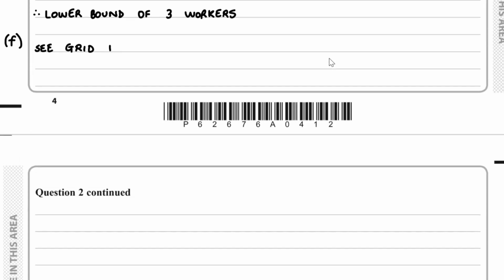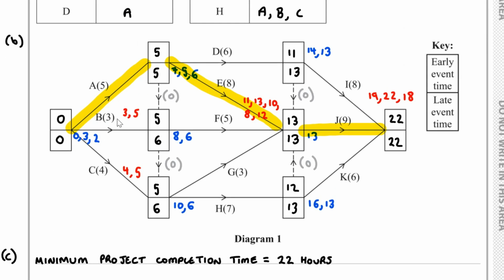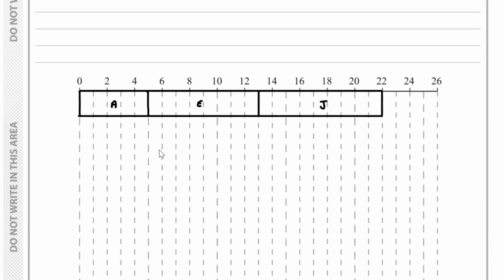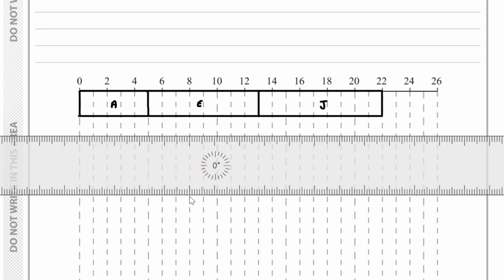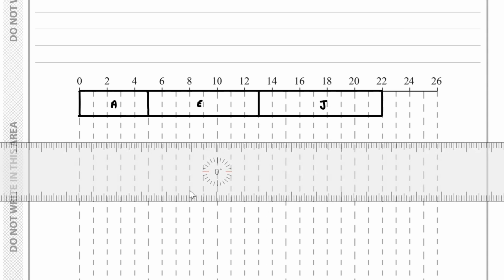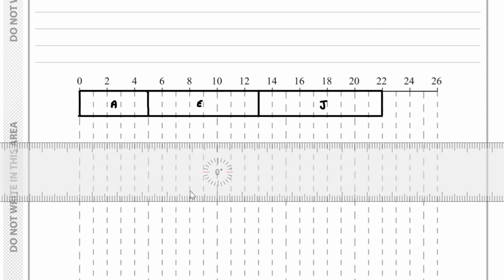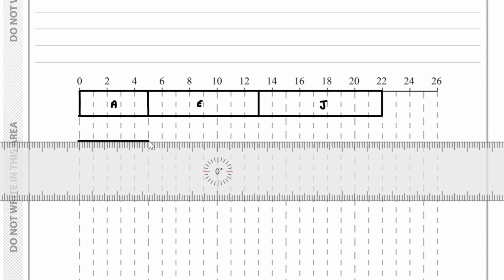Now let's consider B, that's got duration 3, and the late event time, that's 6. So if we consider what's going on with B, if we add this in, we've got over here going up to 6, which is over here, and we know already that the duration of B is 3.